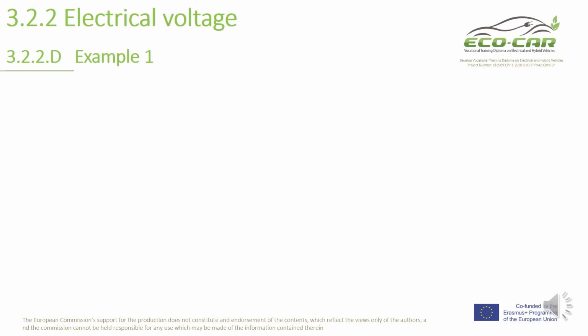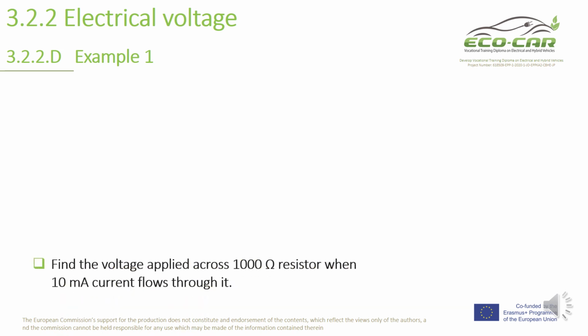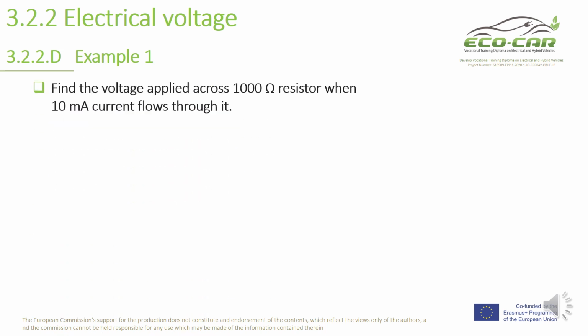Now let's take examples of how to calculate electrical voltage in circuits. This is a question. Find the voltage applied across a 1000 ohm resistor when 10 milliampere current flows through it.